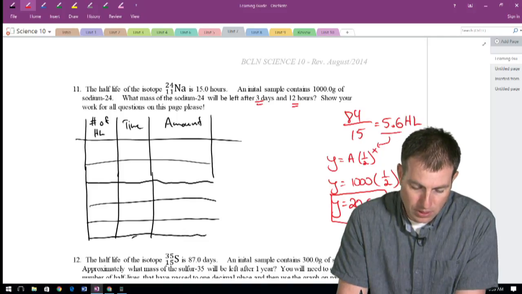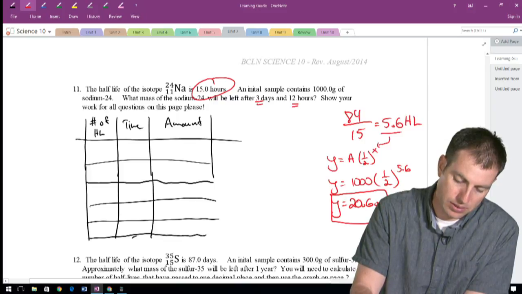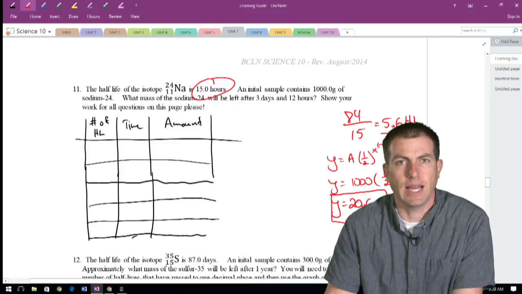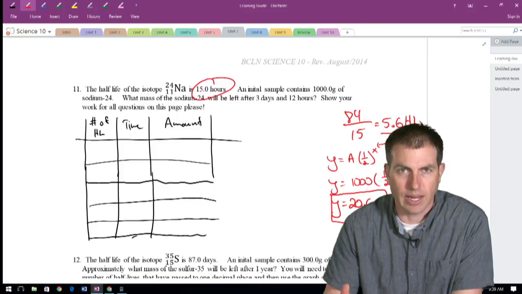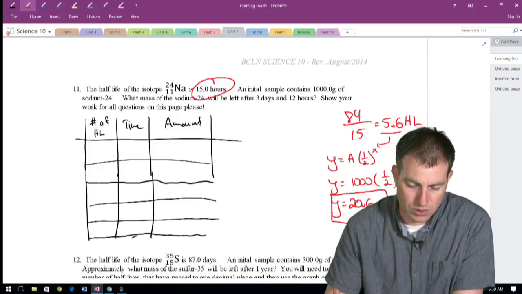The problem is that it tells you that our half-life is 15 hours, but then it's asking how much is going to be left after 3 days and 12 hours. So we end up with this problem with units. I have a half-life in hours, and then I have the amount of time that's passed in days and hours, which is kind of confusing.